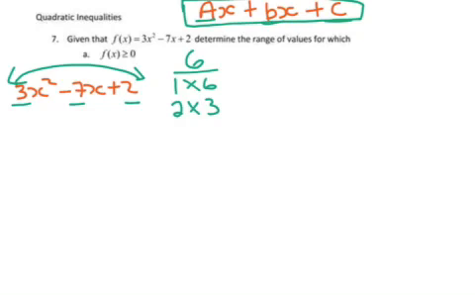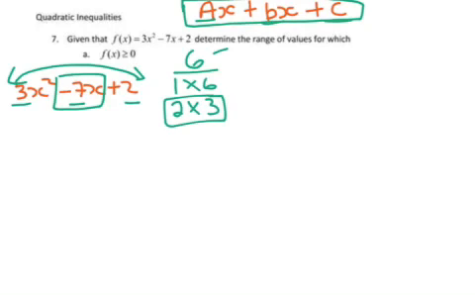Now, we want a pair of factors. When we multiply them, we get 6. And when we add them, we get the b term here, which is negative 7. Alright? So, when we add 2 plus 3, we get 5.